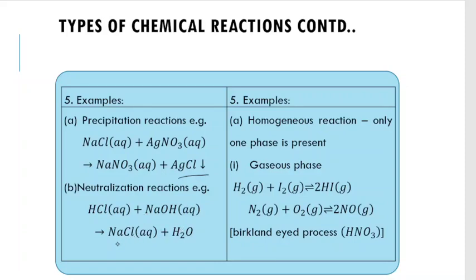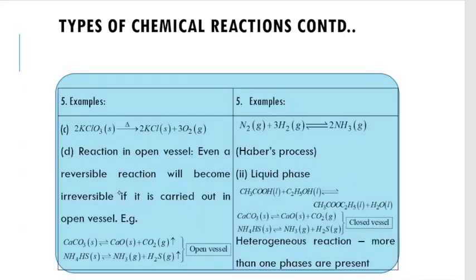Once the salt is formed, it cannot give the acid and base back in the backward reaction. So neutralization reactions are also irreversible, and as we discussed already, those reactions which take place in an open vessel are definitely carried out in a single direction and are irreversible.